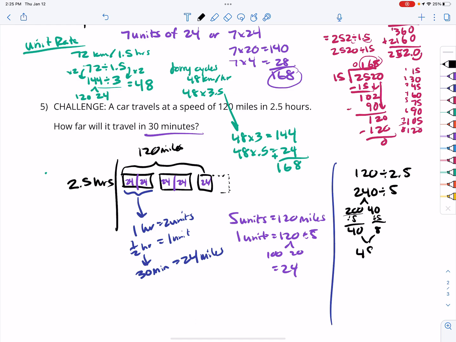So we get 48 miles per hour. So if we need to know the number for miles per half hour, it's going to be half as many miles, which would be 24. So unit rate wasn't too bad on this one, neither was doing those little bars there.